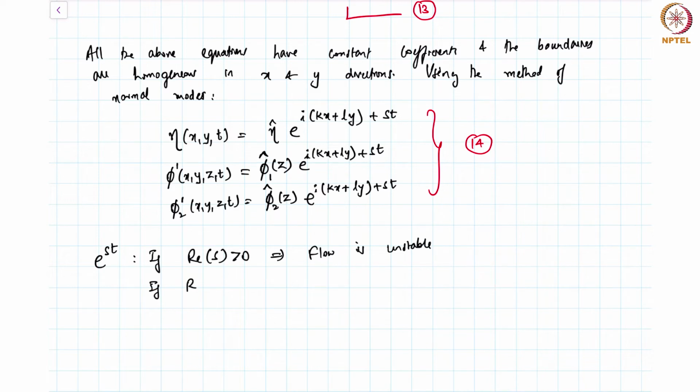If the real part of s is less than 0, then the flow is stable. And if the real part of s is equal to 0, the flow is neutrally stable.